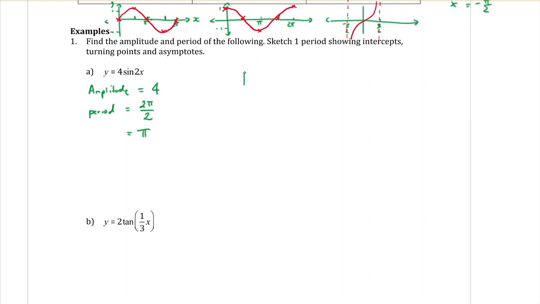Okay, so my new graph. I haven't translated it anywhere. All I've done is change the amplitude and the period. So the sine graph starts at 0. Normally we have pi and 2 pi here, but we're going to be squishing our graph down so that I have a complete rotation by pi.